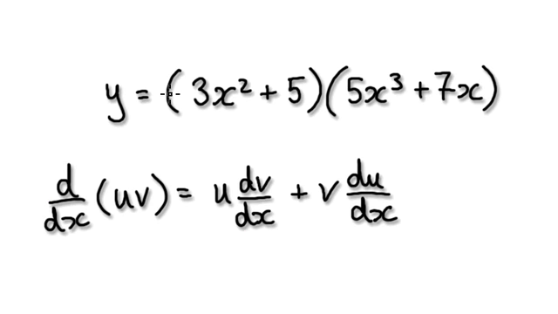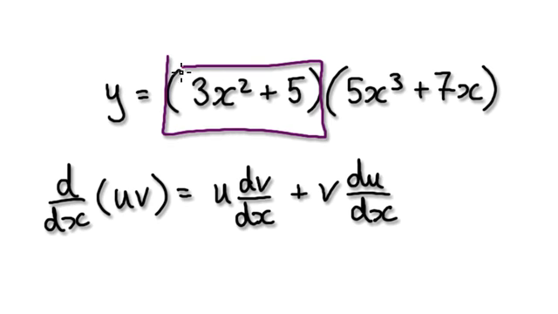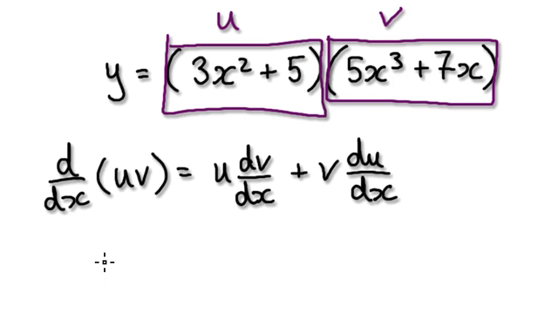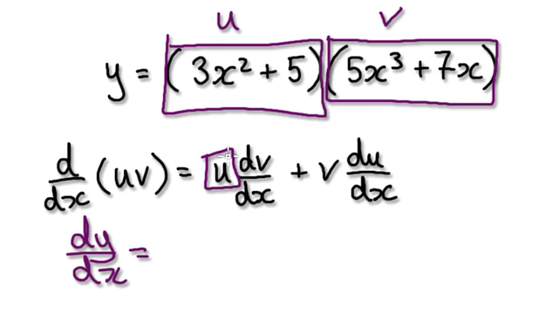But for the time being, just learn how it's done. At the moment, this block here is u, and this block here is v. So if you want to find dy by dx, keep u the same.